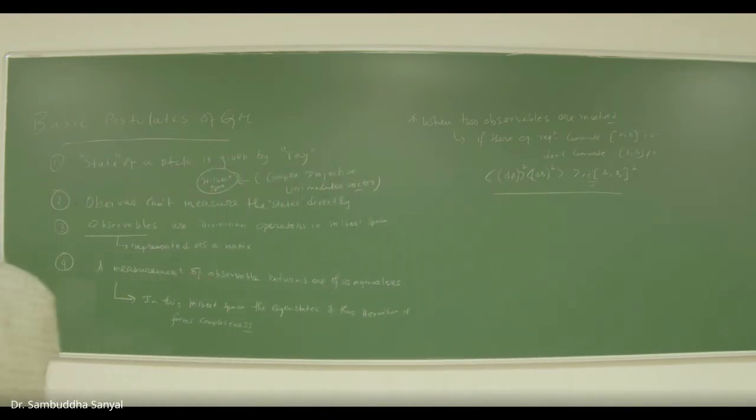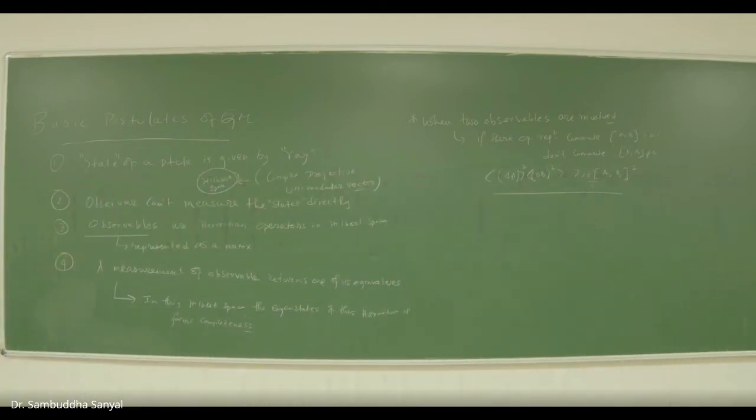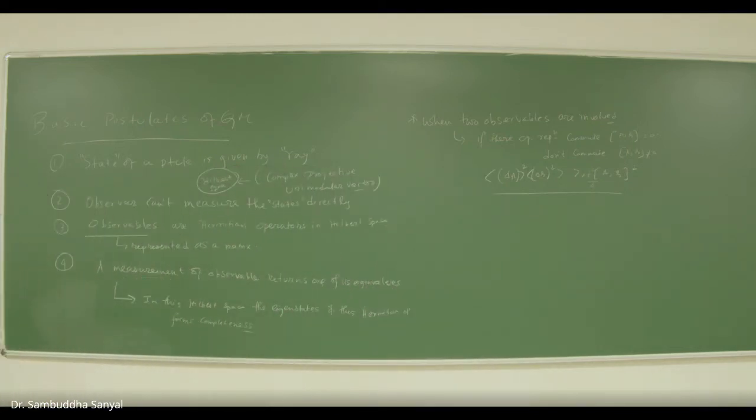To simply think in this way: if you measure one observable, it is projected into one of its eigenstates. Now if they commute, we learn that they have the same eigenstates. So if you measure the second observable, it's already projected into that eigenstate, and it will give the corresponding eigenvalue.